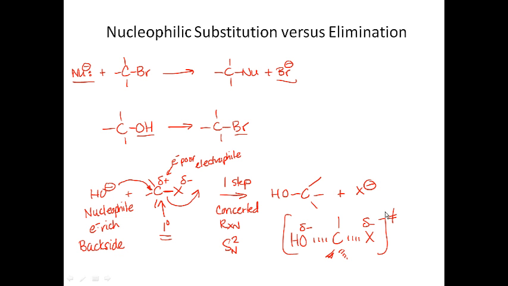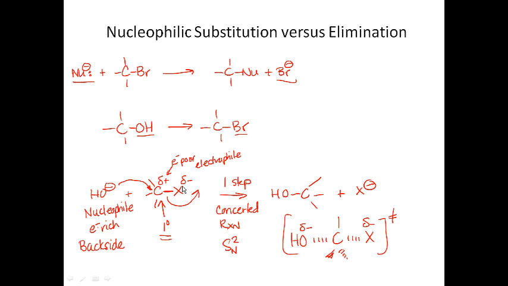So what's happening is that the negative charge on the hydroxide is being transferred through to the X minus, and so this would be the transition state of this one-step SN2 mechanism. Now I'll get to exactly what goes on in the reaction that we're going to do today, but it will be a concerted one-step mechanism.